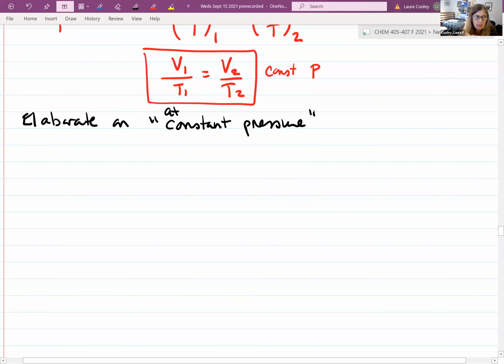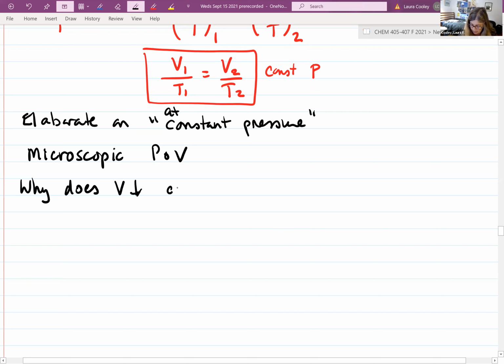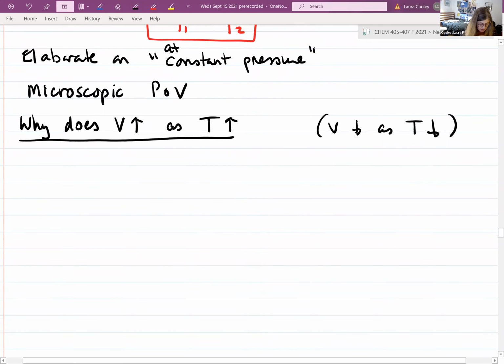Remember, microscopic means when we're talking about the molecules or the particles. Okay, so from a microscopic point of view, why does the volume go down as the temperature goes down, or why does volume go up as the temperature goes up? Right, same thing, volume goes down as the temperature goes down. Okay, but I'm going to give you going up as this example.